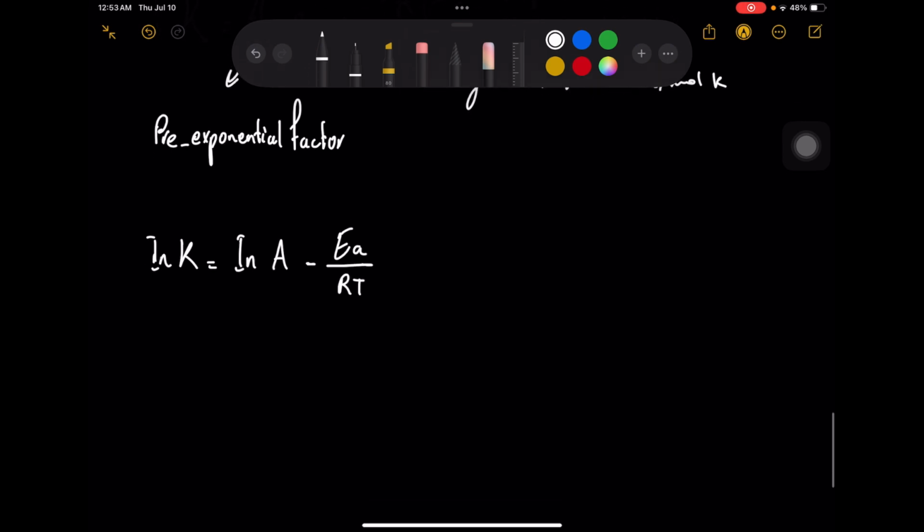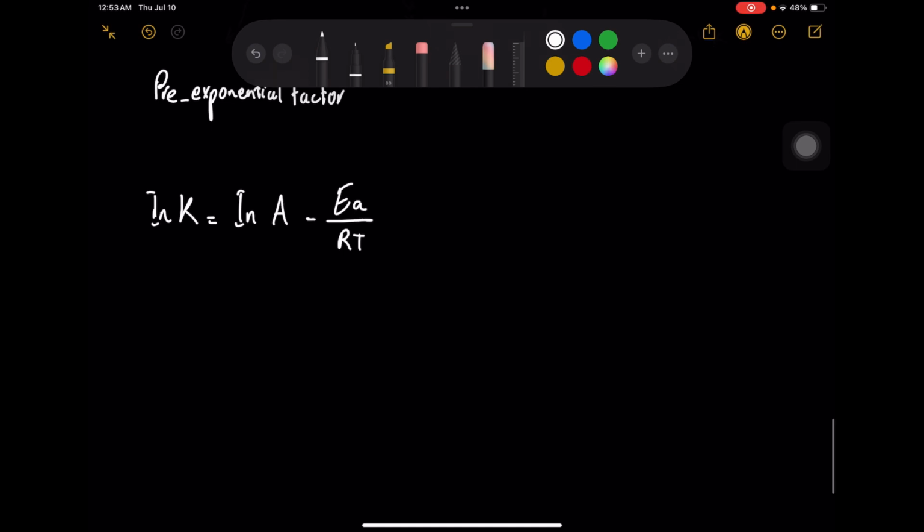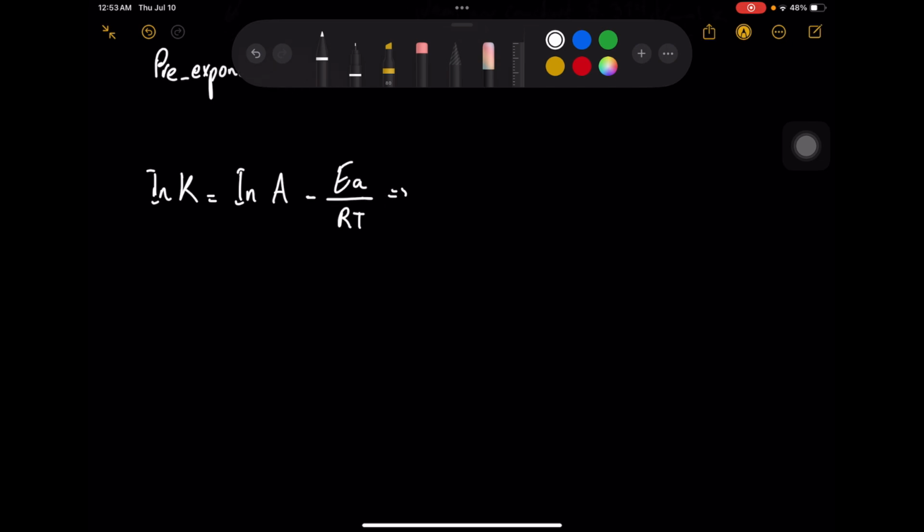And that's what we get if we take the ln of it. We can prove this mathematically, but if we use 2 points, k1 and k2, it is shown that we don't need A in a question.